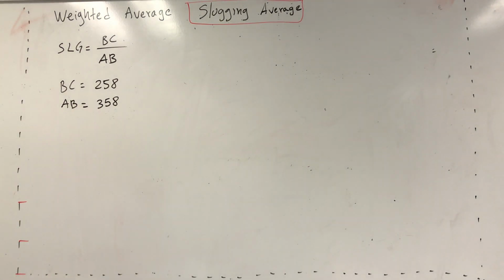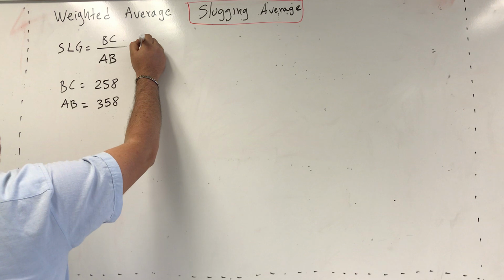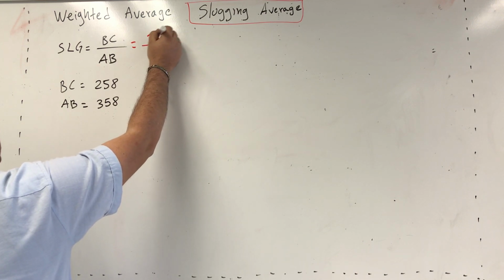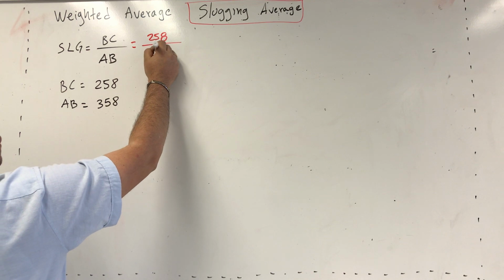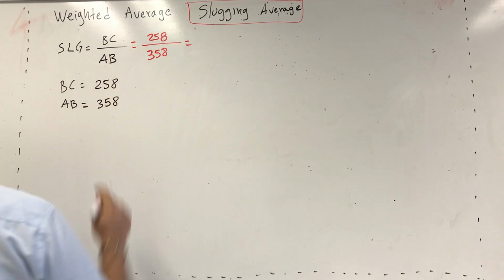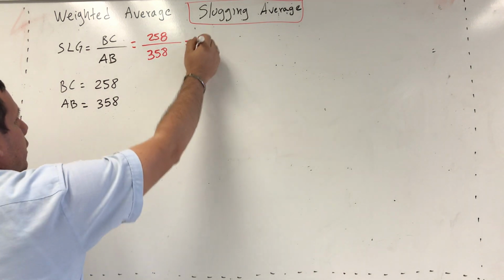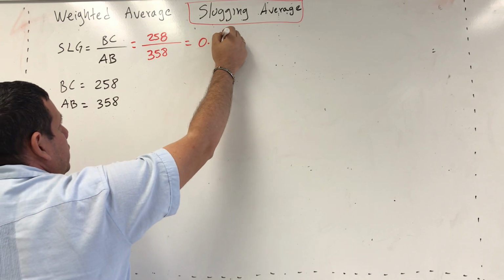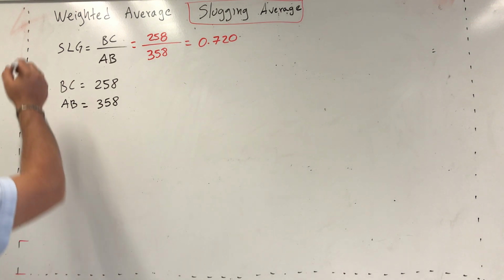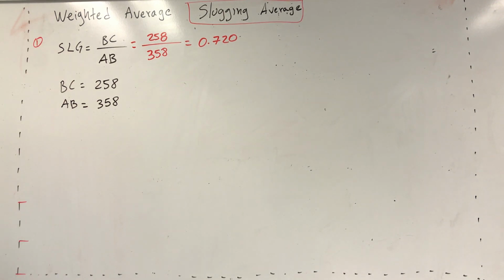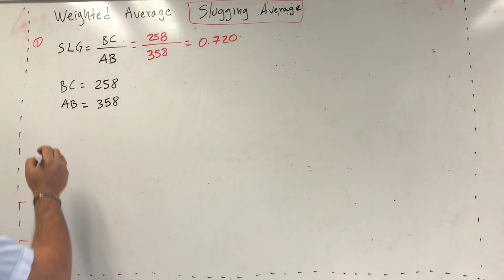Okay, what you need to do is just divide bases counted by the at bat totals. When you divide this, you get 0.720. Okay, this is the answer for that. So this is the first problem that we are covering today during direct instruction.